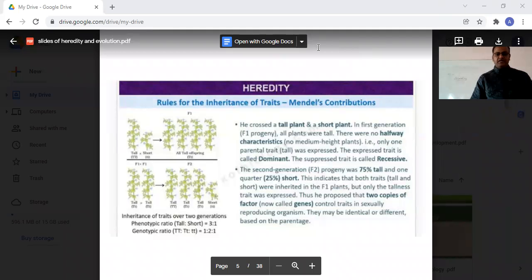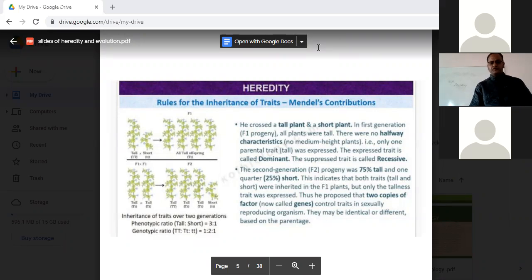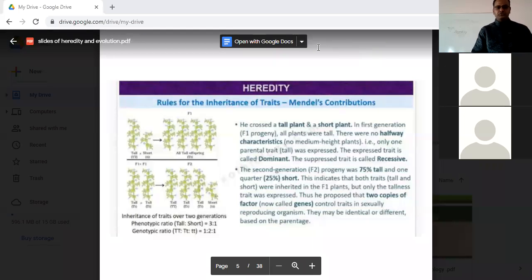Okay, Anjali raised her hand. You can unmute yourself, Anjali. Contrasting characters means which are totally different or opposite. Opposite or totally different. Very good. For example, tall and dwarf, they two are completely contrasting. One is clearly visible to be tall and the other is clearly visible to be dwarf. Very good. Okay, single pair of contrasting characters.